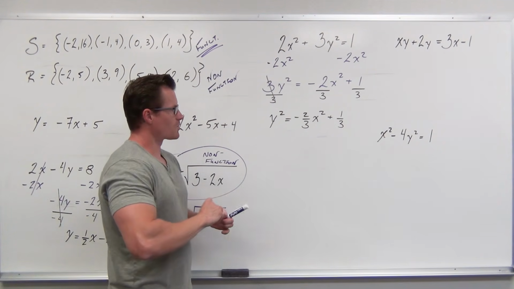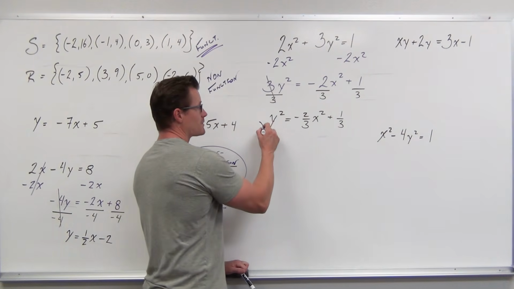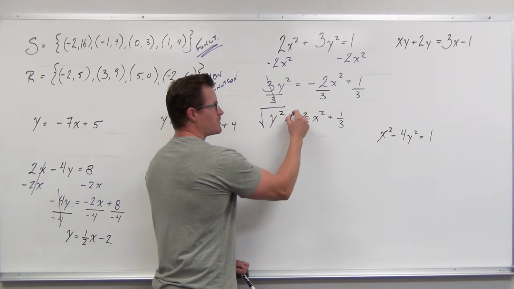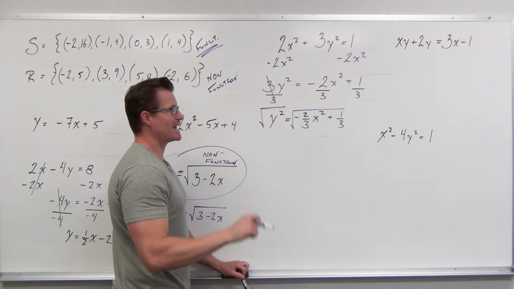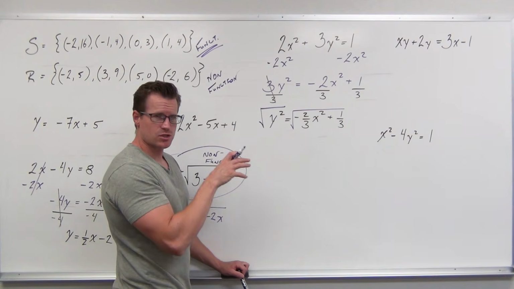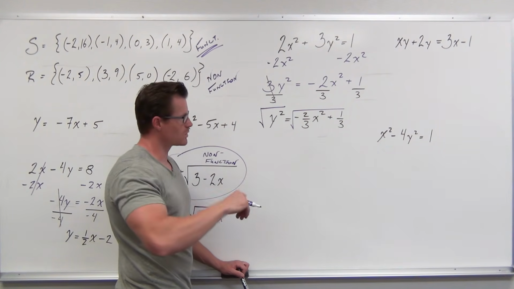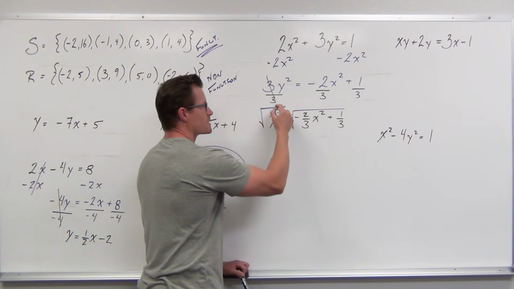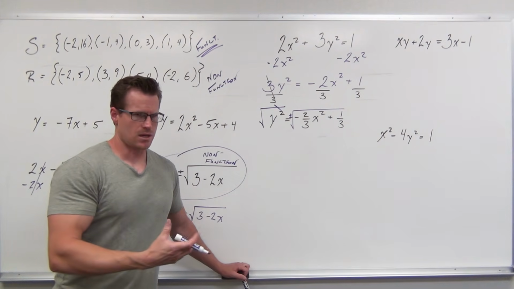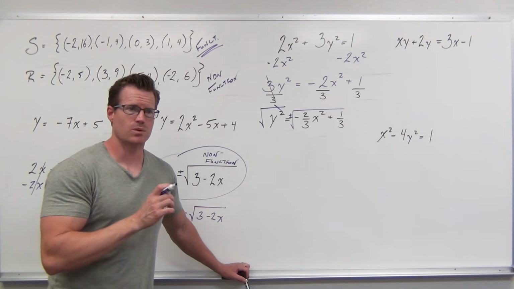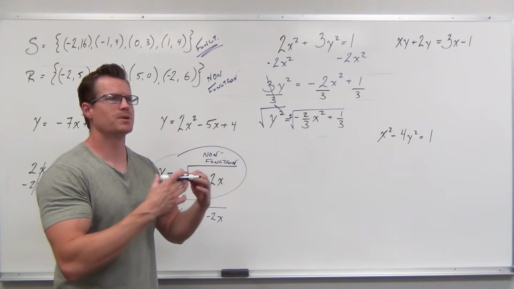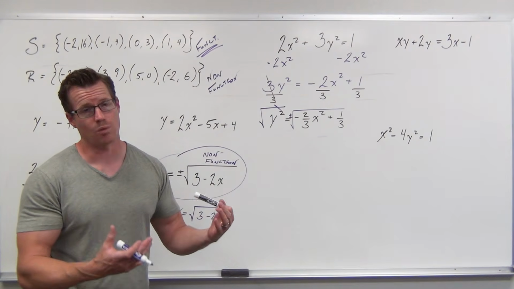So when we solve for y right now, we're going to have to take a square root. We have to match the power of the root. We have to do it to both sides. And as soon as you put a square root on your paper that wasn't there before, you're the one who did it, you need a plus and minus. You don't need it on both sides. That's redundant because we would have the ability to get both the positive and negative whether we do it once or twice.